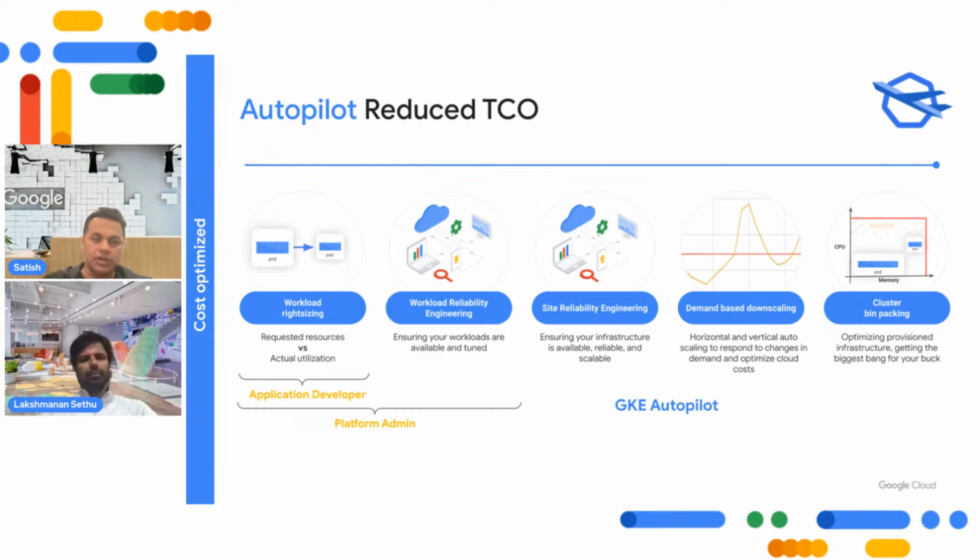I think we have gone through this slide already, but from an operational perspective, you have demand-based upscaling or downscaling. Your infrastructure is already handed off to be managed by, let's say, the Google SRE team, or automatically.